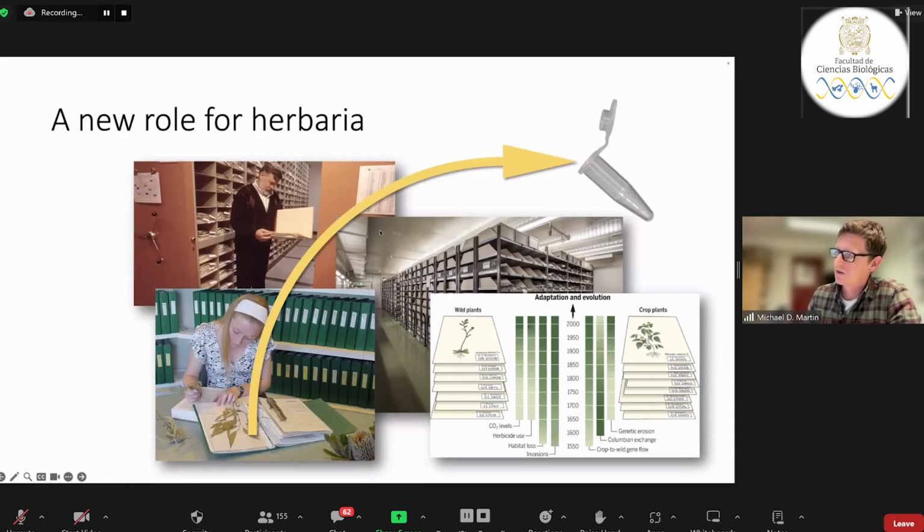We have found now that the DNA content in the herbarium collections is actually quite well preserved. I'll tell you more about that in a bit. So the idea here is we take a small piece of whatever bit of plant has been dried on the paper. We put it into our laboratories, extract DNA, prepare genomic libraries, sequence them, and then start to infer exciting things.